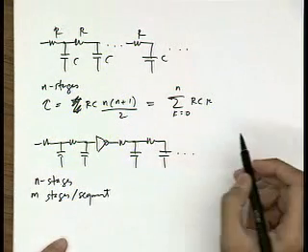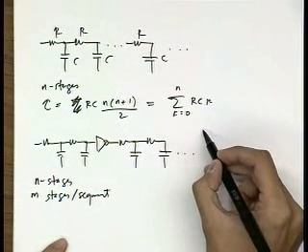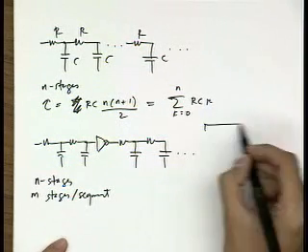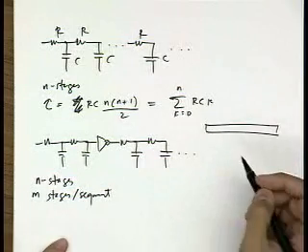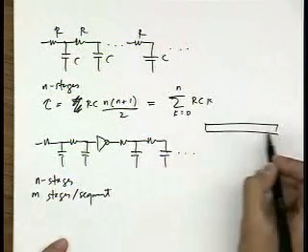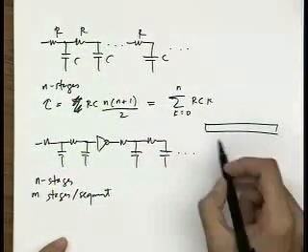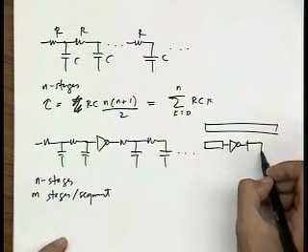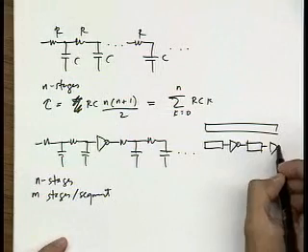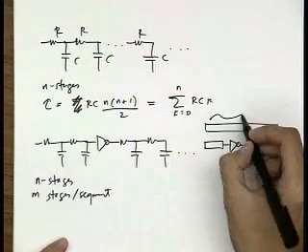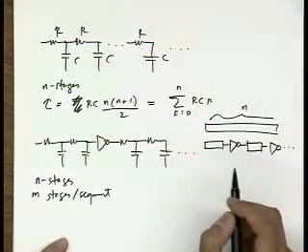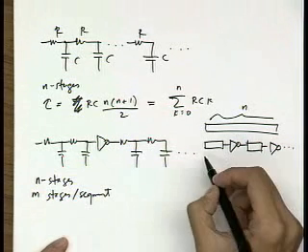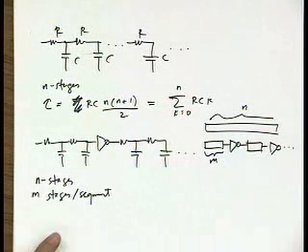So this is my whole transmission gate chain, I can break it up into segments. This has n stages, and this has m stages.